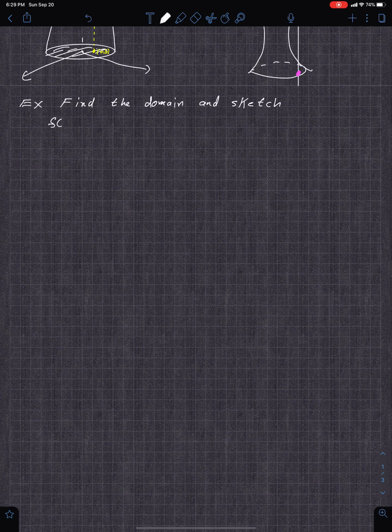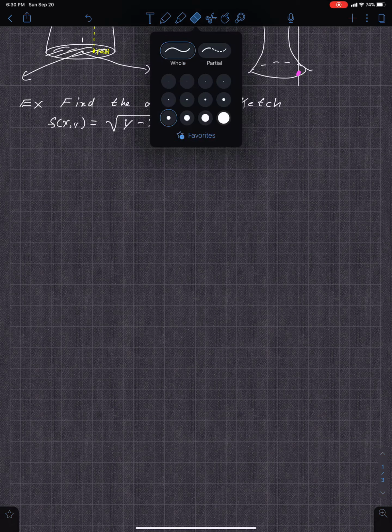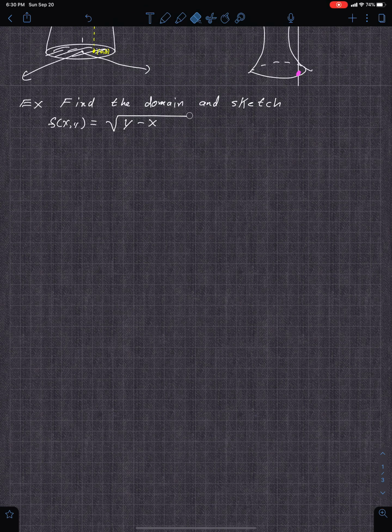So we're given f of xy equal to the square root of y minus x. Went way too far on that again. And times the natural log of y plus x. So how do you interpret that?